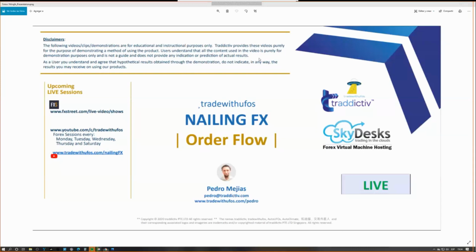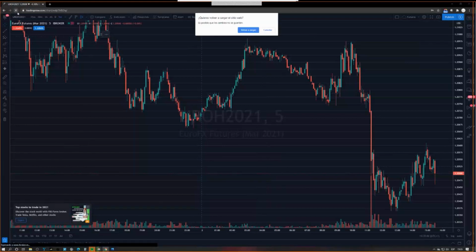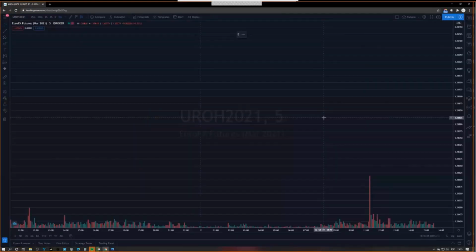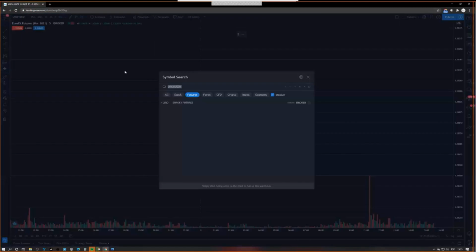We just brought here a chart. This is the TradingView chart. Just reload the chart so you can see it better. And we're looking at the euro in this case.